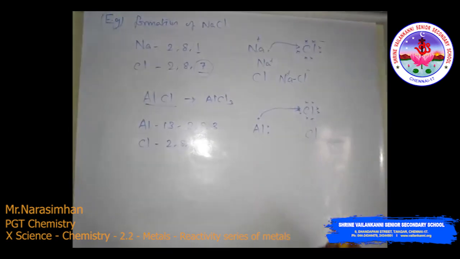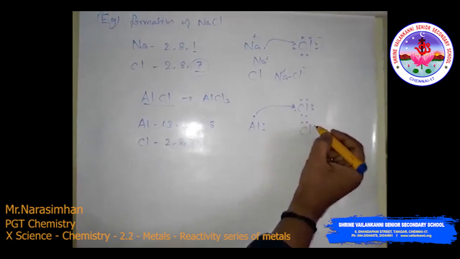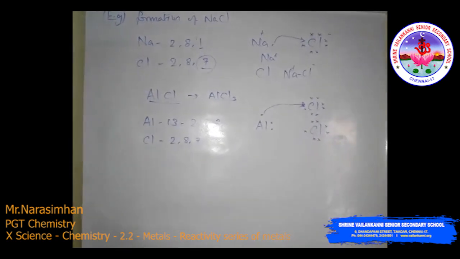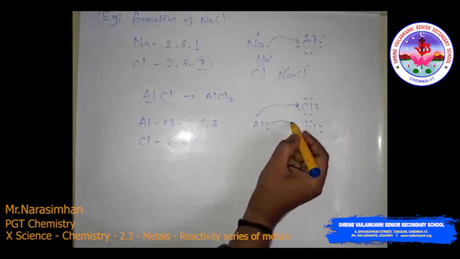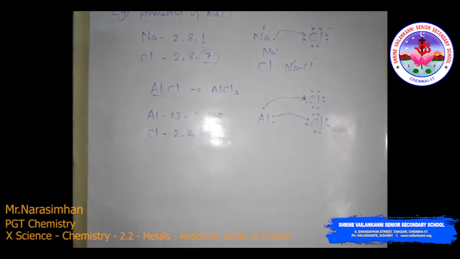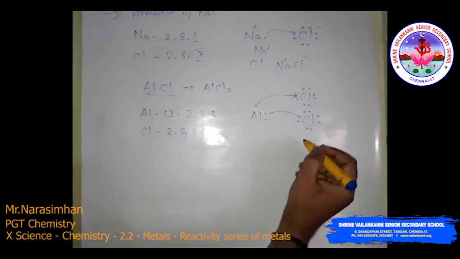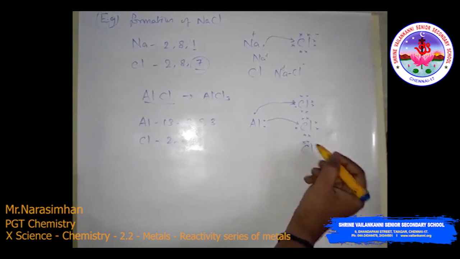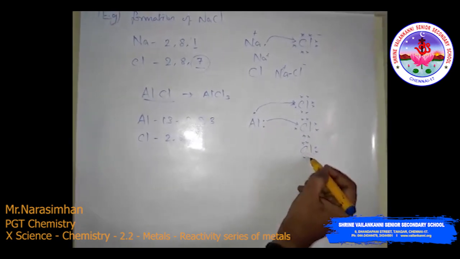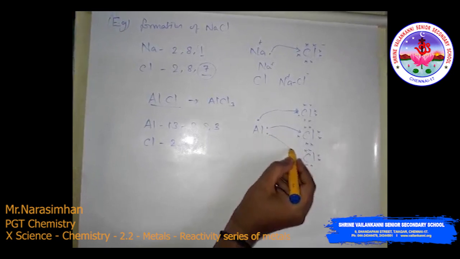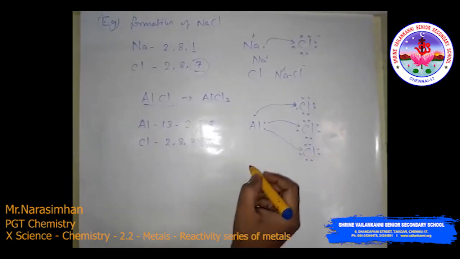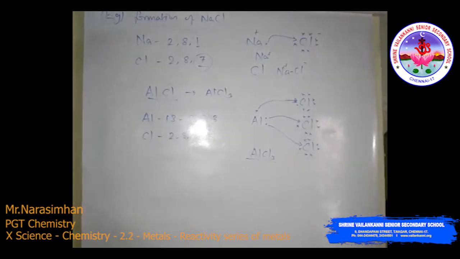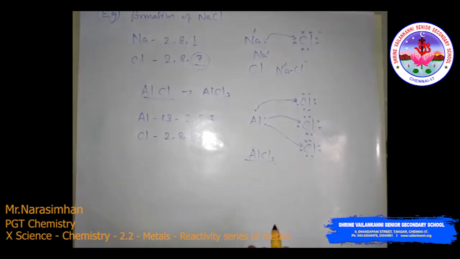Write one more Cl atom, 1, 2, 3, 4, 5, 6, 7. Now the next electron stabilizes that chlorine atom, and the third remaining electron goes to one more chlorine atom, so 6 plus 1, 7. That is why AlCl3 is possible. Aluminum chloride.